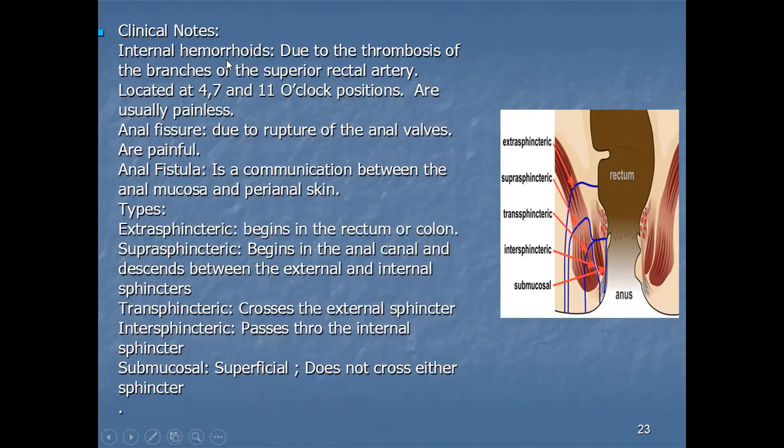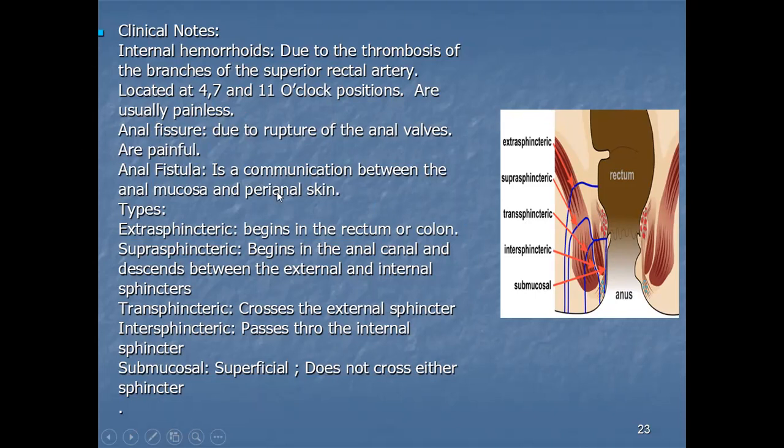This is for the internal hemorrhoids, and usually these come from above, so they will be painless. This is how you can differentiate between internal and external hemorrhoids. The internal hemorrhoids will be painless, and there can sometimes be an anal fissure. Fissure means rupture of the anal valves. Because it is in the lower part, it is very painful.